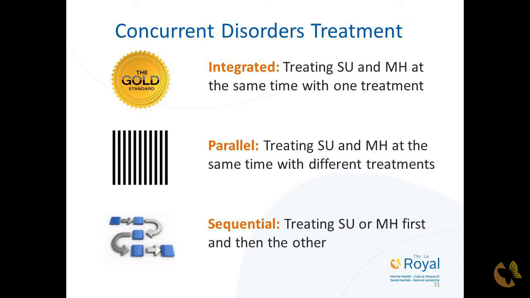The least advantageous form of structured treatment would be sequential, where there's a ping pong effect, where people bounce back and forth and back and forth. This is treating the substance use and the mental health issues by picking one first and then treating the other.